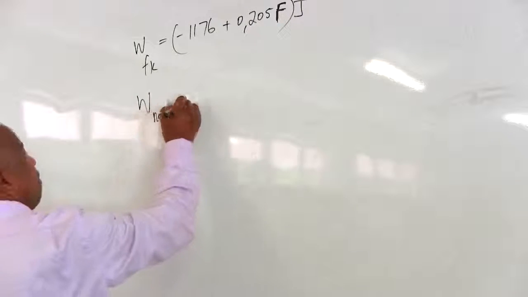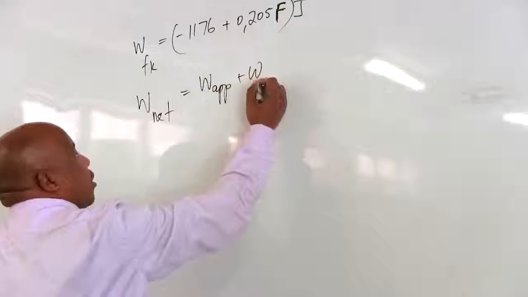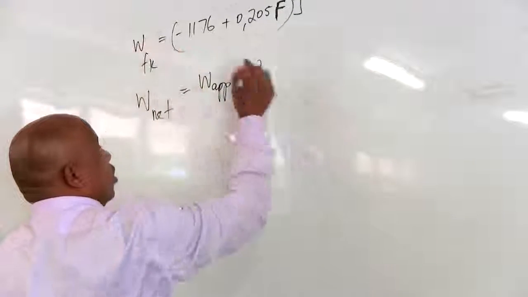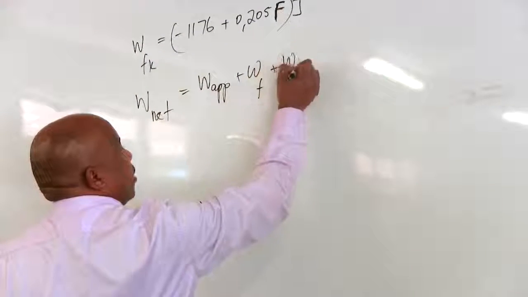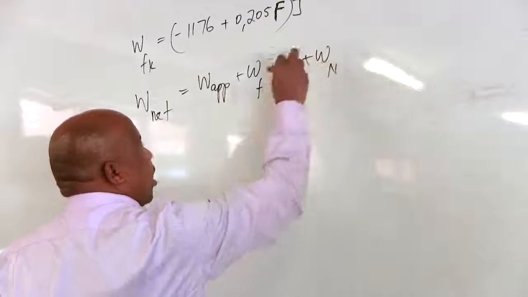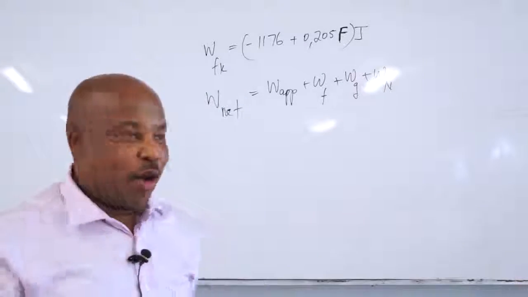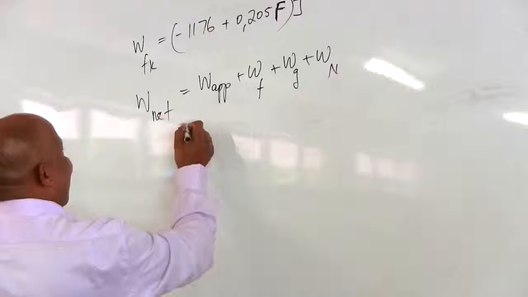W net equals W applied plus W friction, which is that one, plus the WG plus the W normal. Fortunately, on the horizontal, those gravity and normal are 0. So let's substitute.